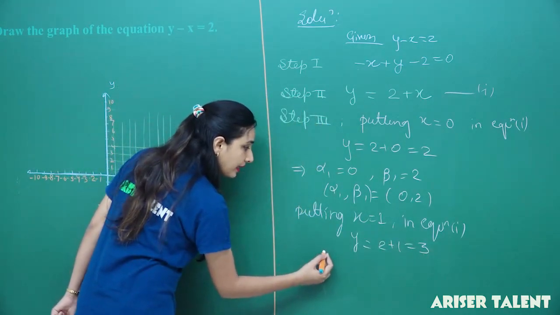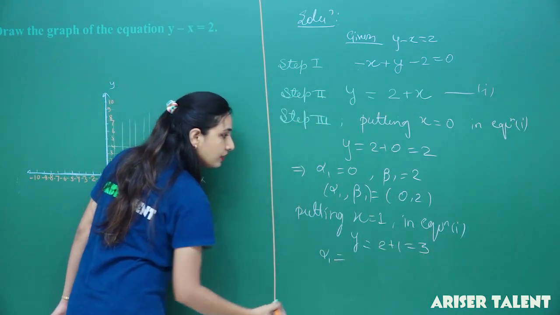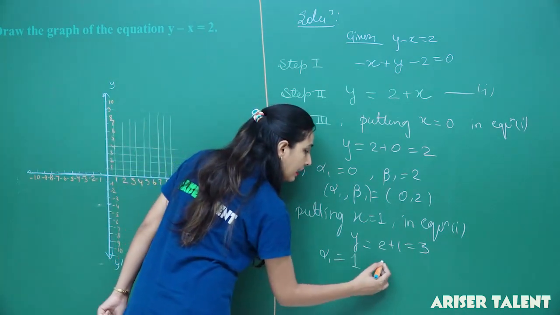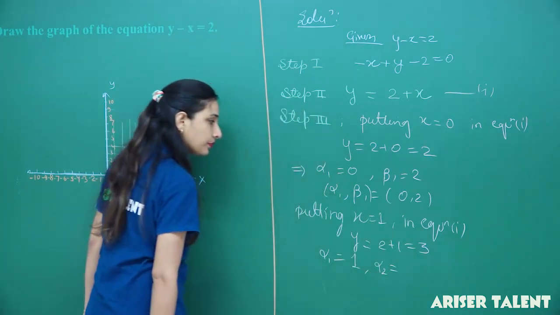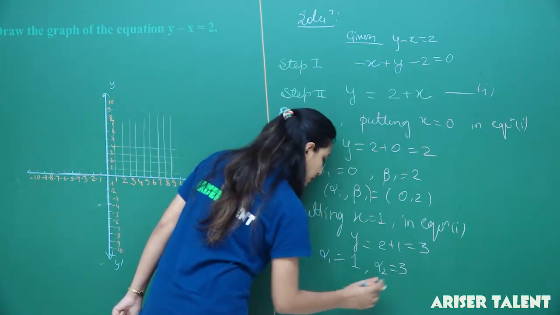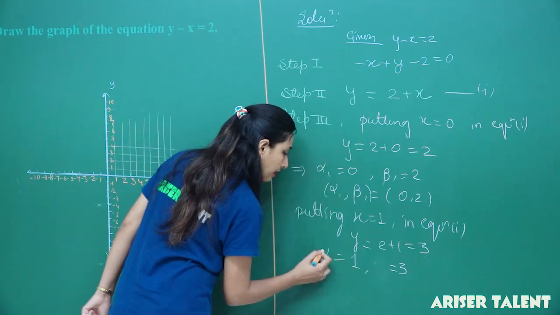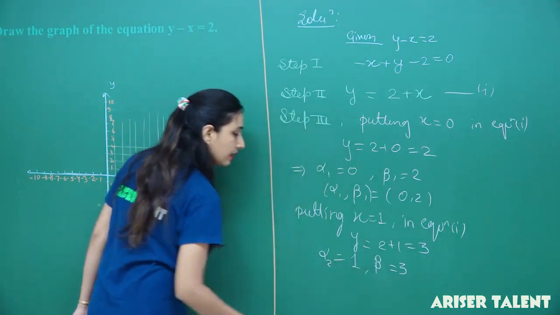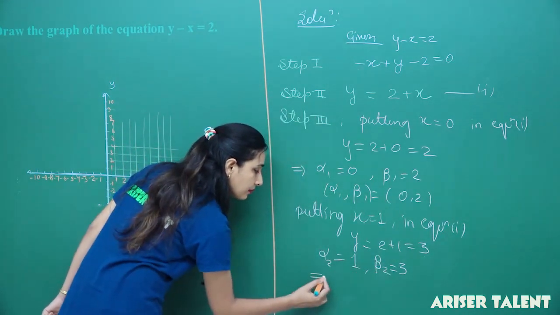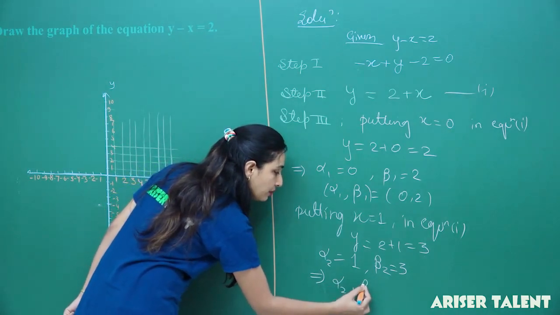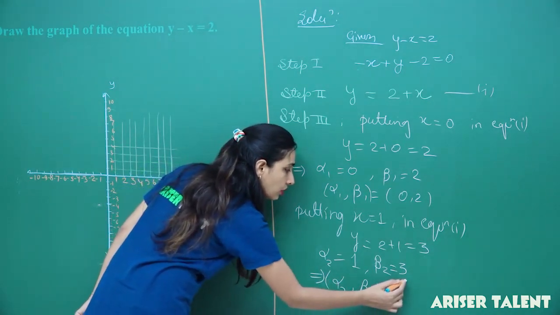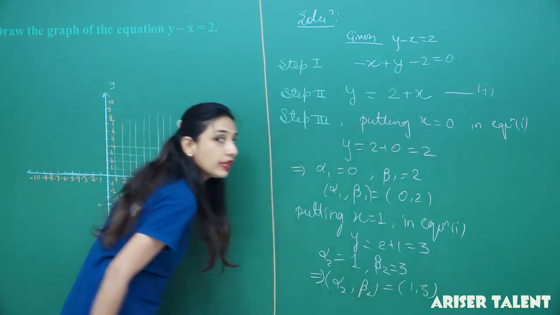Now what does this imply? Alpha 2 and beta 2's values are this. This implies that alpha 2, beta 2 equals 1, 3.